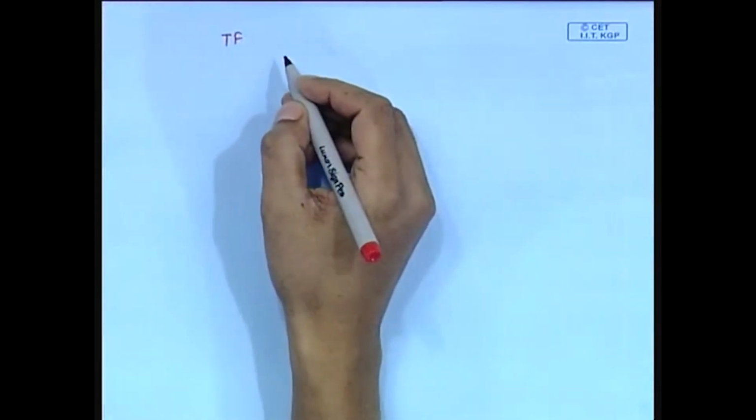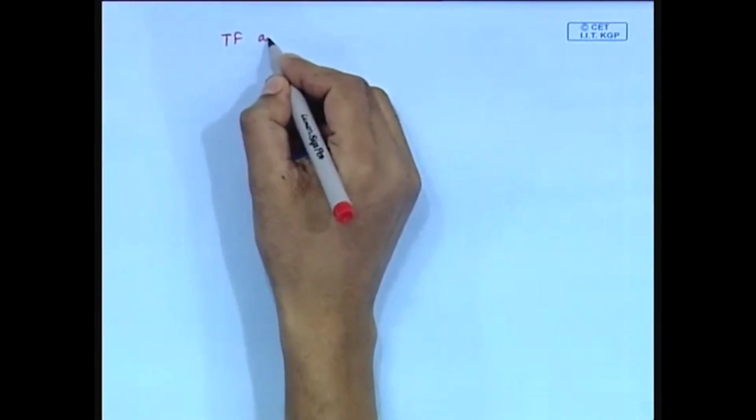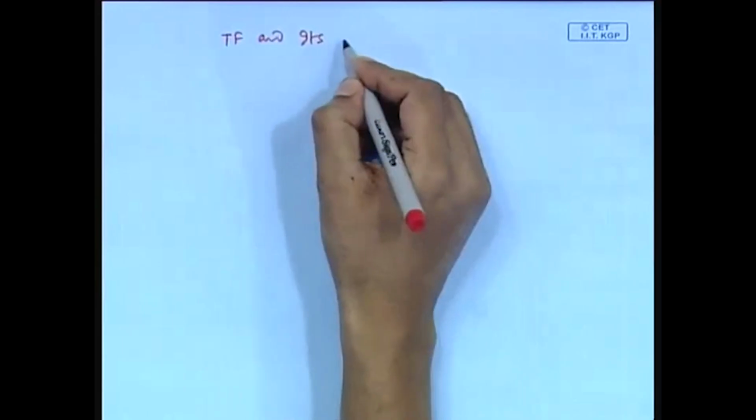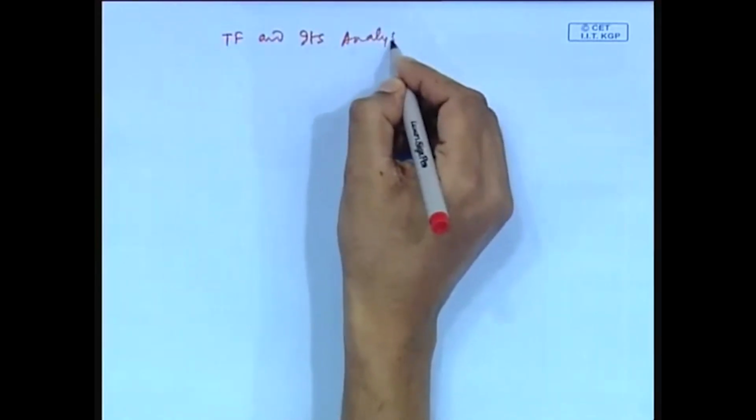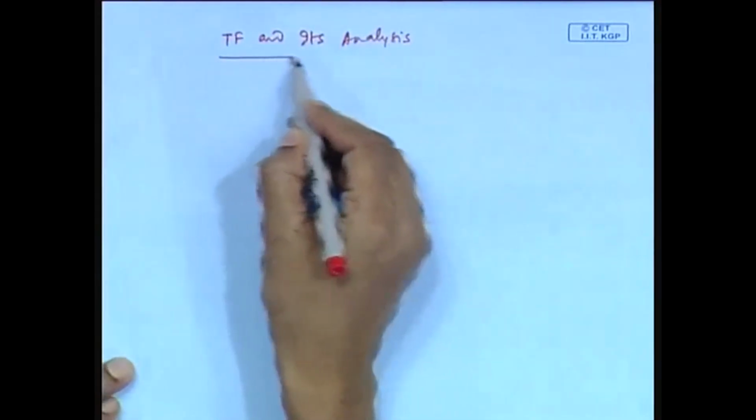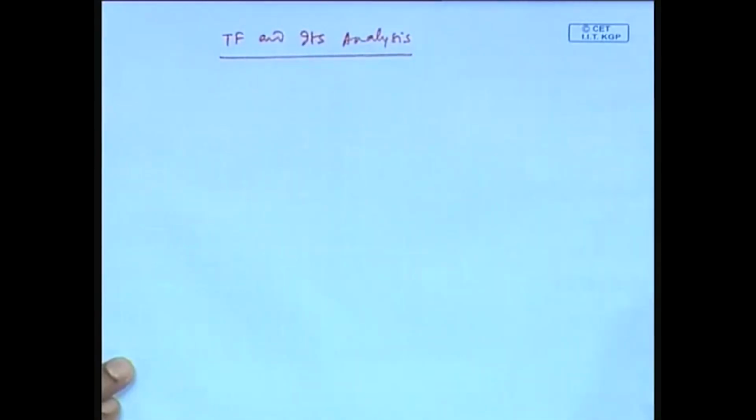So, next we will discuss transfer function and its analysis. One important use of the transfer function we have discussed is to observe the transient behavior of a process.